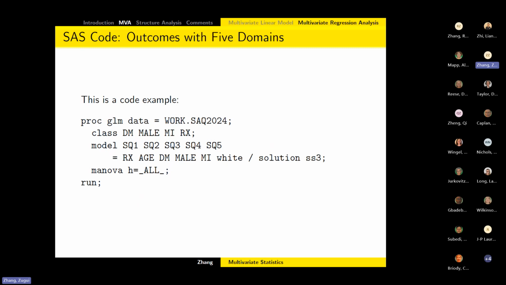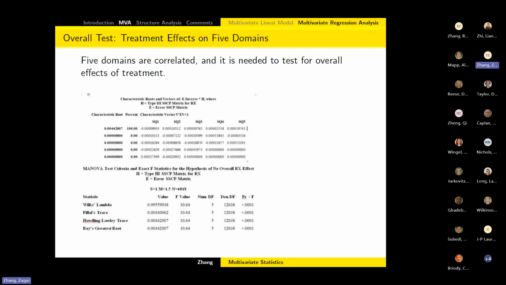And here we put the MANOVA, and it will generate all of the results. So first, since the 5 domains are correlated, we will consider the 5 domains simultaneously and look at the effect of treatment. So this is the result.